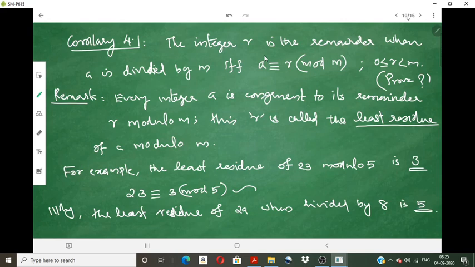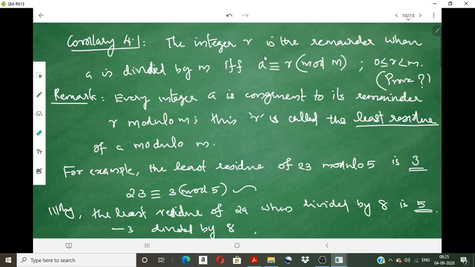And similarly, one more thing, that of minus 3 divided by 8. The remainder we are saying in positive form. So it is minus 3 plus 8, that is 5.